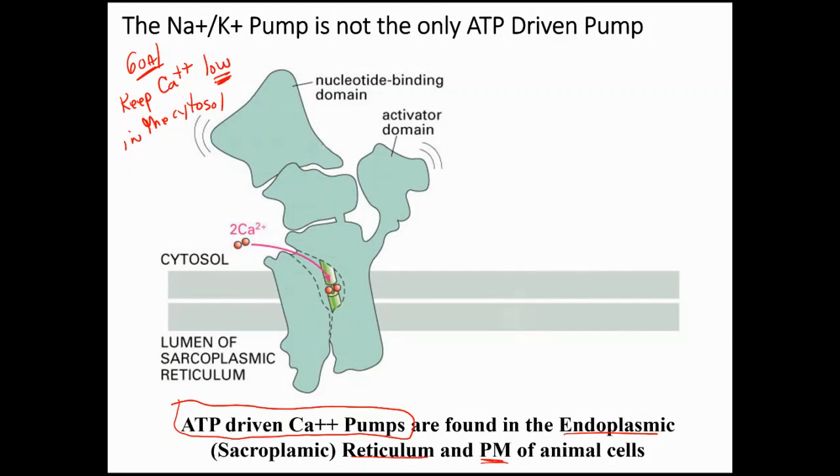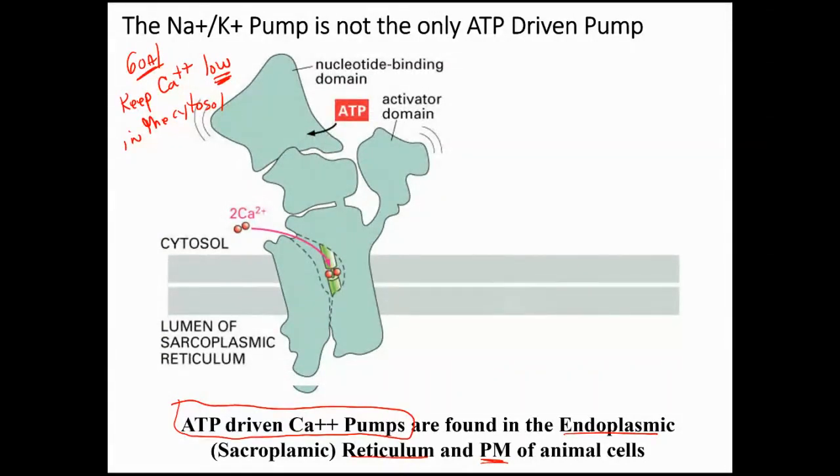So once calcium comes out to initiate contraction, we have to pump the calcium out of the cytosol and store it back in the lumen of the sarcoplasmic reticulum of the skeletal muscle cell. All right, so there are the calcium pumps that are ATP driven as well.